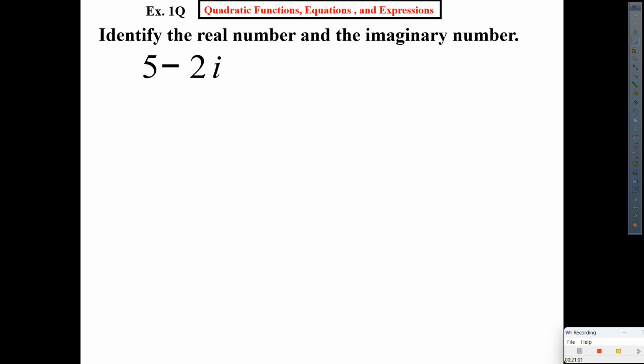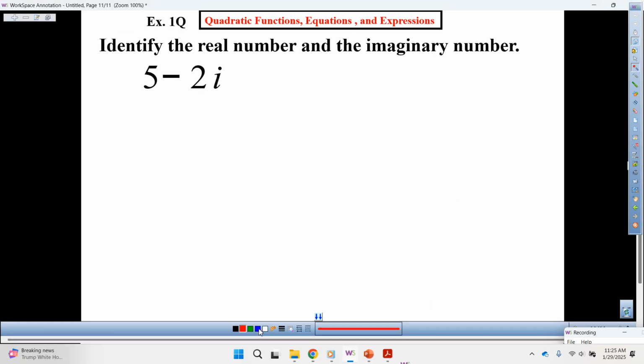All right? Pretty good? Pretty straightforward, yes? All right, let's see. Monse, which is which? 5 is the real number, and negative 2i is our what? Imaginary. Yes.